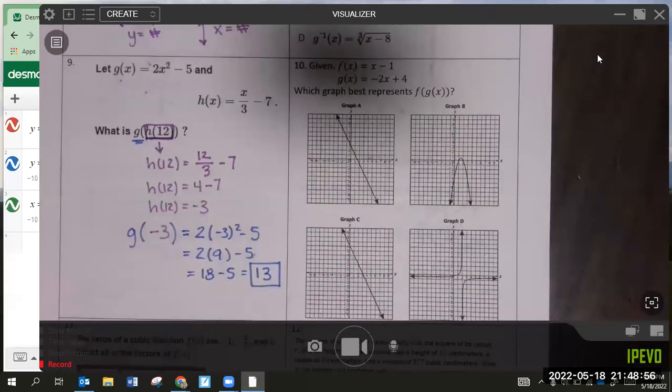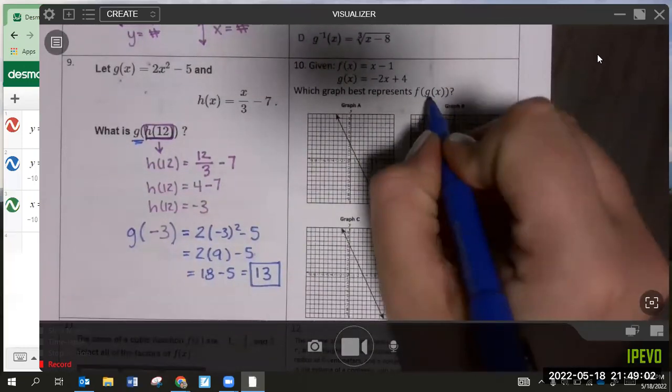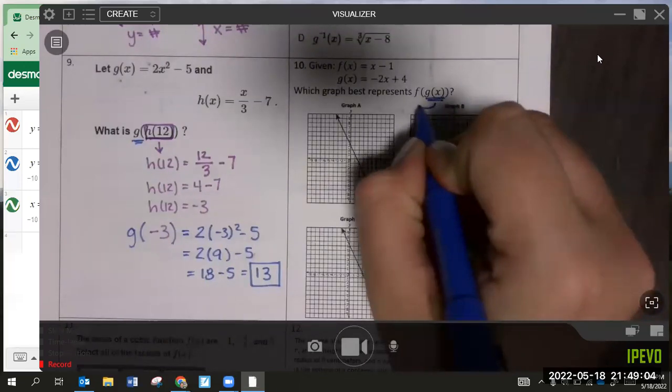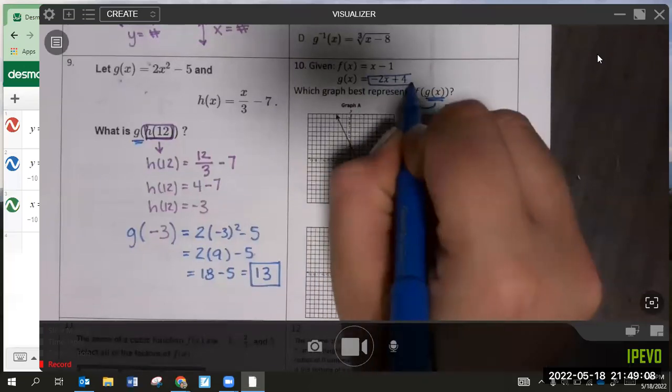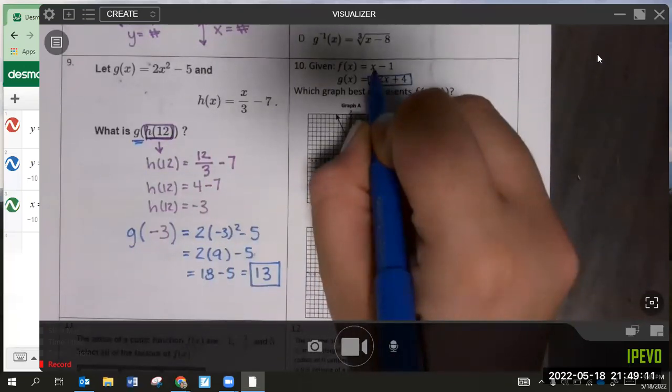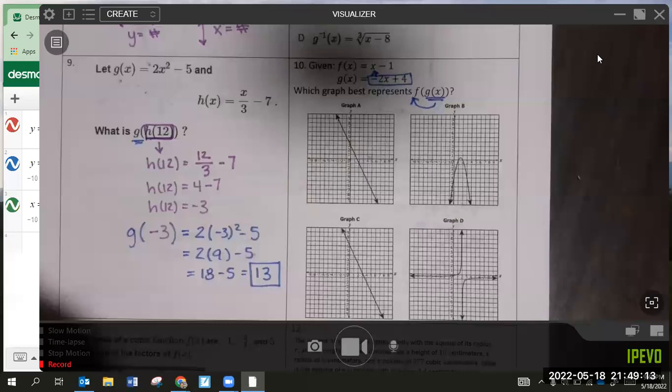Number 10 says which graph represents f of g of x. So we're going to take g of x and we're going to plug it into our f of x. So we are taking this and plugging it into that x function there.